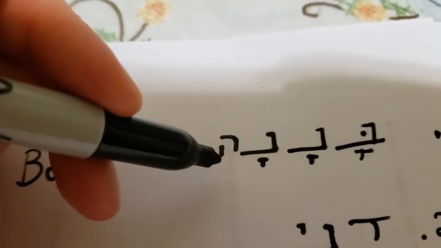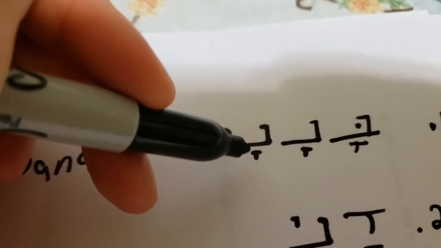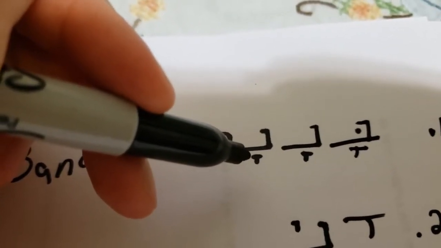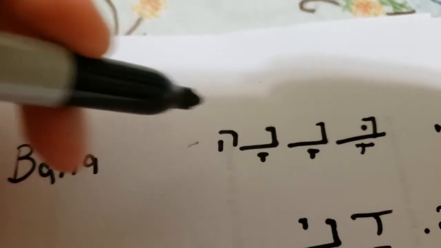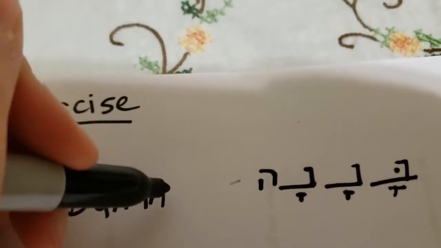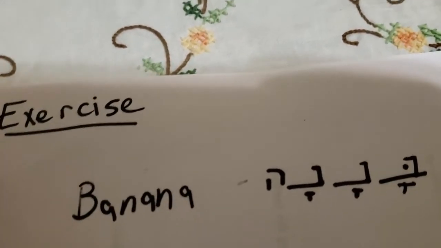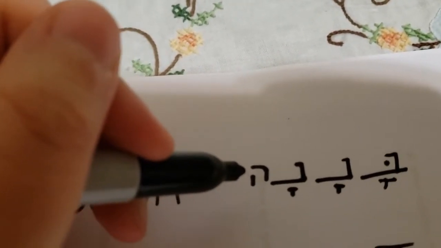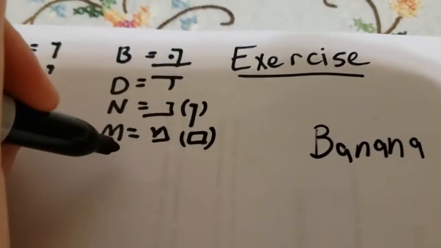Next letter is nun again. And the vowel under is kamatz. Kamatz makes A. So we have N and then A. And then the last letter is Hey. I didn't write it here.